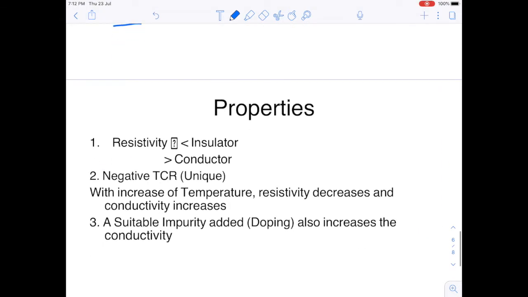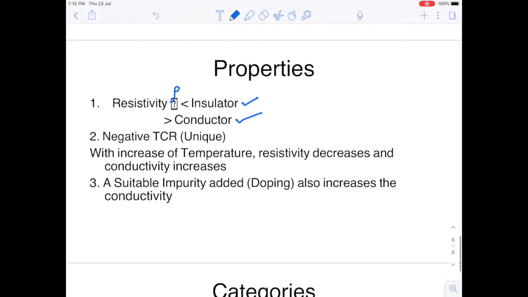Then what are the properties? The resistivity of semiconductors will always be less than that of an insulator and greater than that of a conductor. Another important property is that it has a negative TCR. What is negative TCR? With increase of temperature, resistivity decreases.